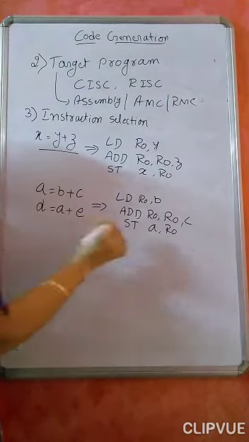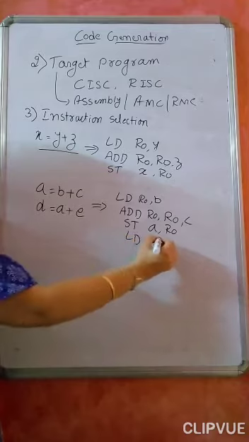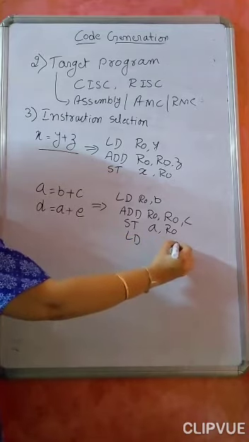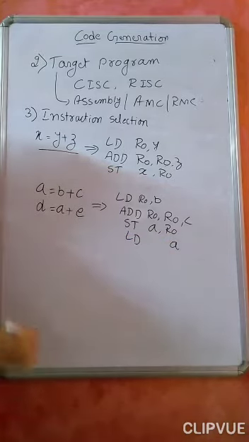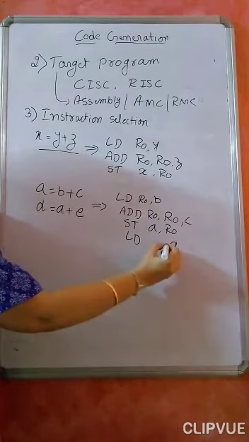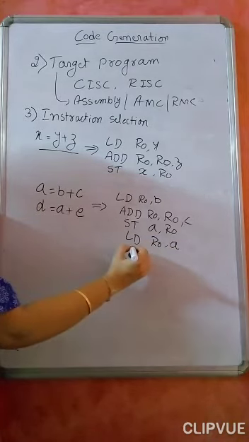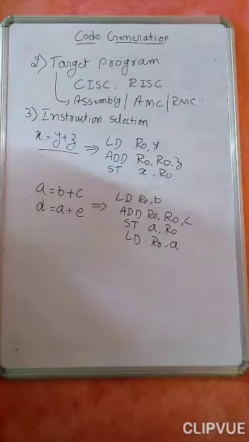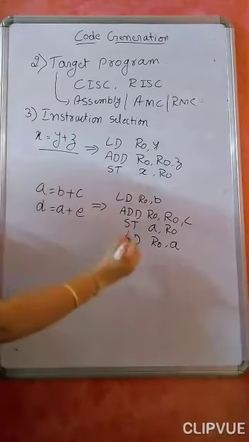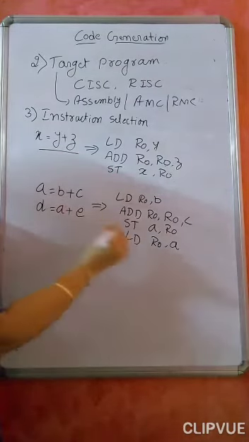Now I'll do the same for D. Again it is LD of A, storing it into the register R0.